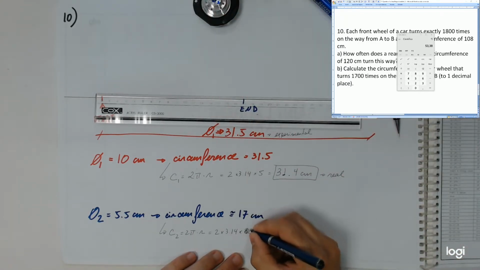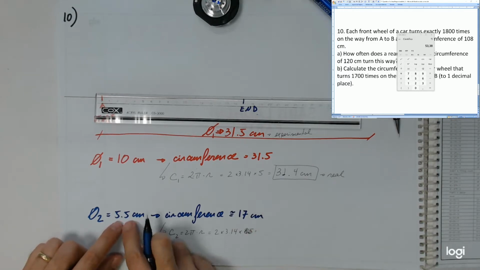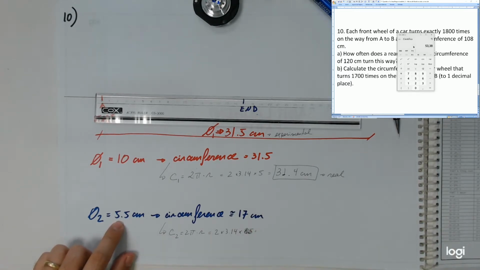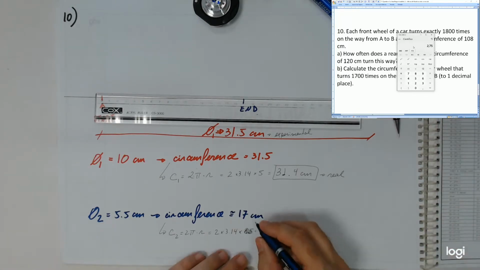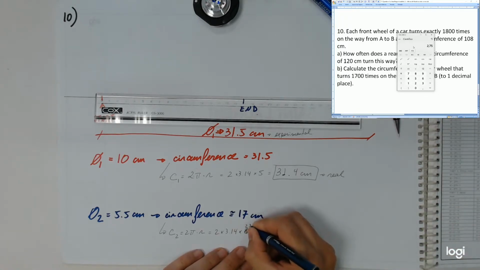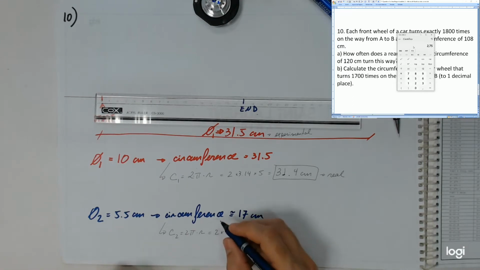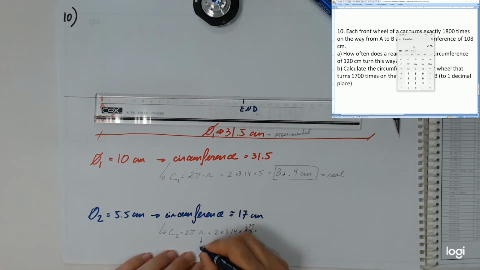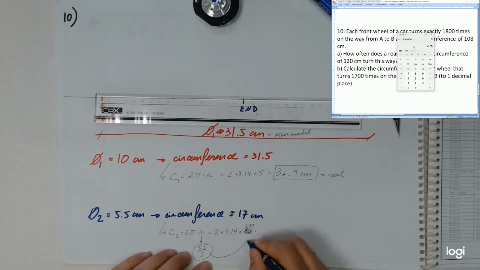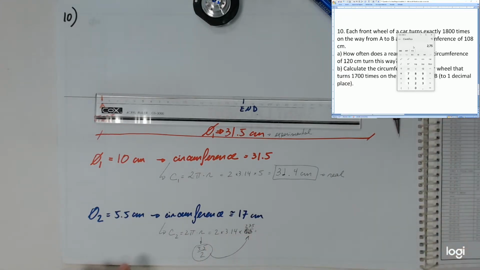Erase this one. What is half of 5.5? 5.5 divided by 2 is 2.75. So the radius is just 5.5 divided by 2. Now let's do it again. 2 times 3.14 times 2.75.